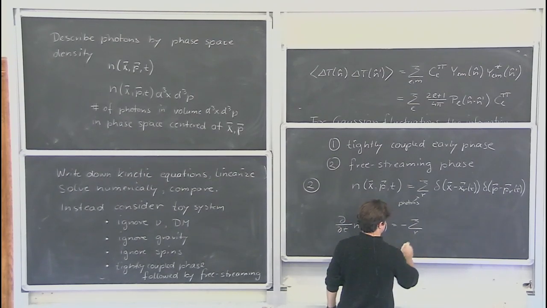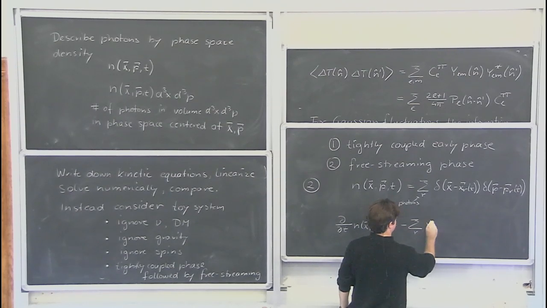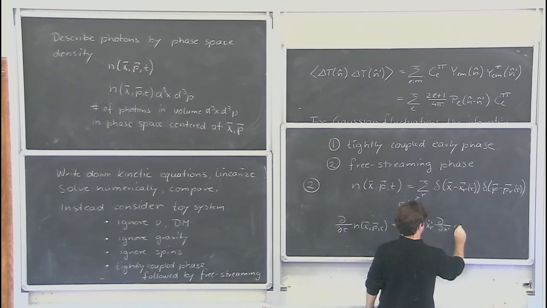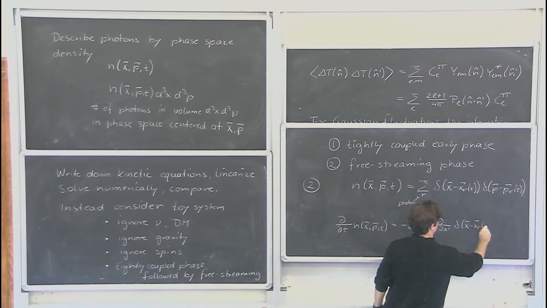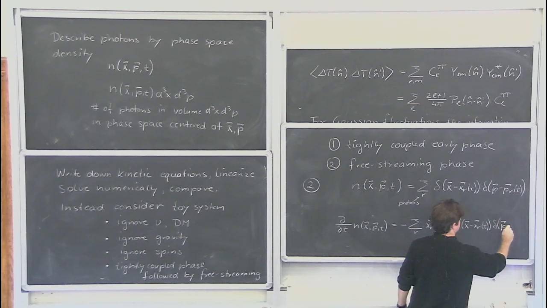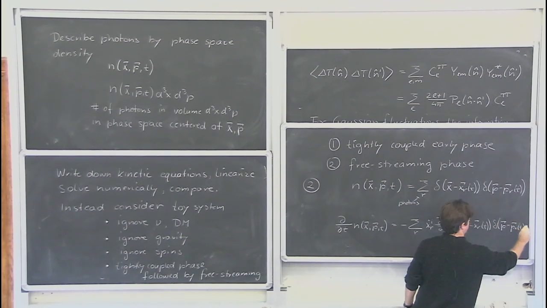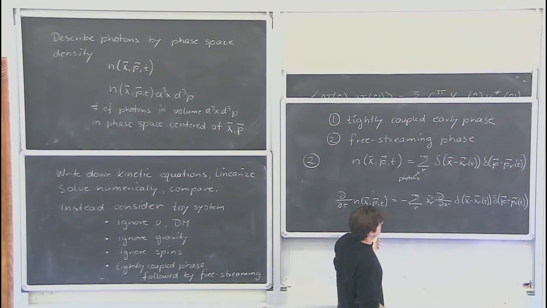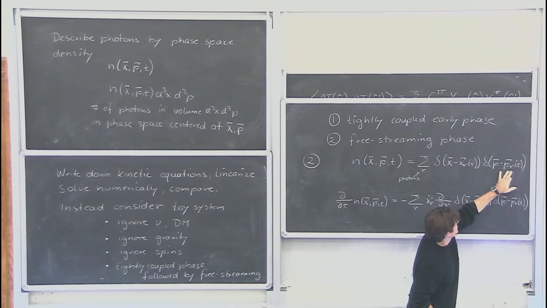So I can write it like this: minus sum over r of x_r dot i, d by dx^i of delta of x minus x_r of t, delta of p minus p_r of t.